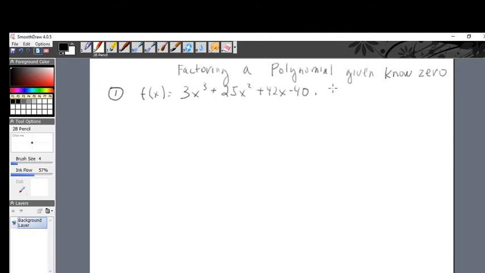And what they want us to do is factor this. Now, this looks like it's going to be pretty hard to factor all this junk.